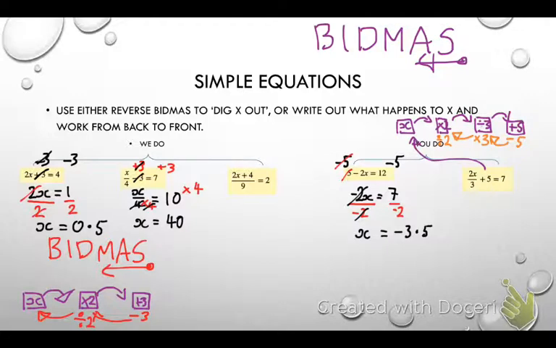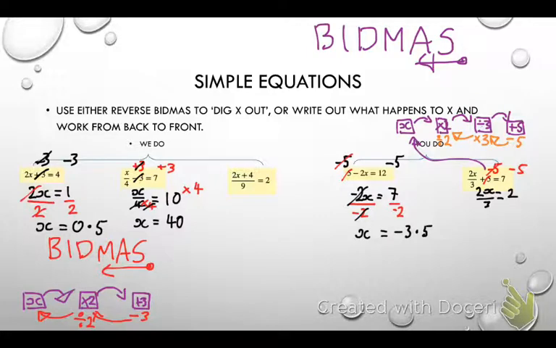So the first thing I'm doing is subtracting 5, and that's going to be from both sides of the equal sign, left and right. That takes away the plus 5 and leaves us with an equation of 2 on the right hand side and 2x divided by 3 on the left hand side.